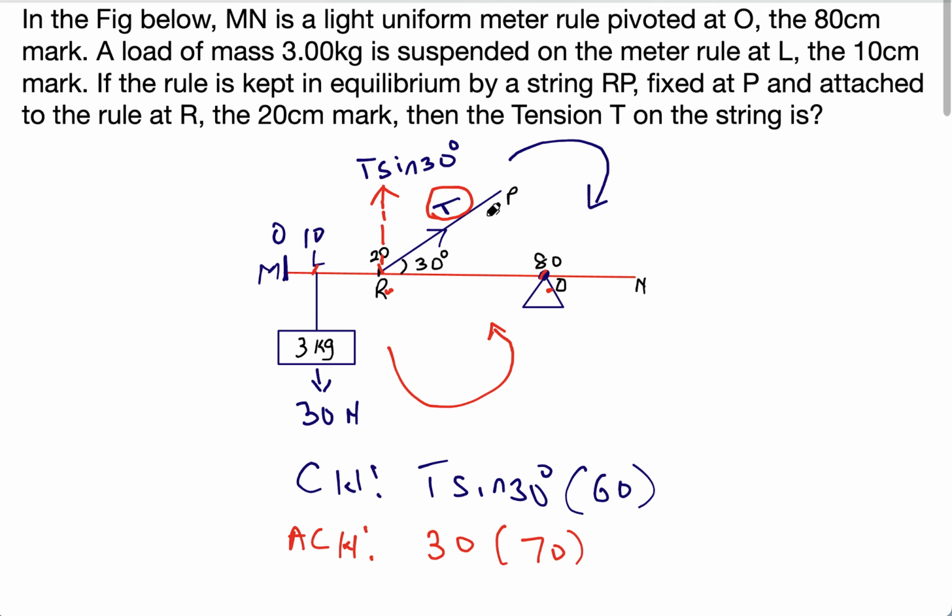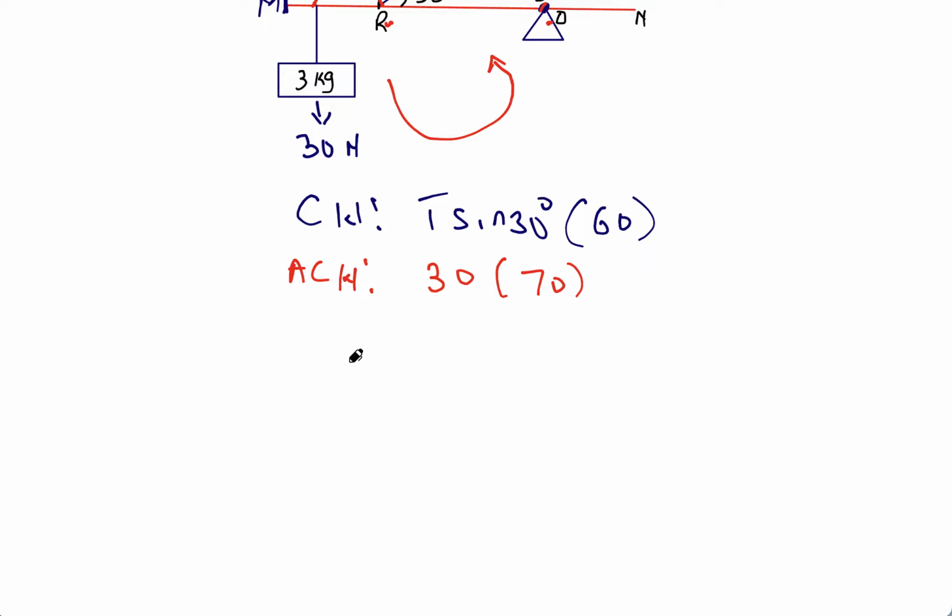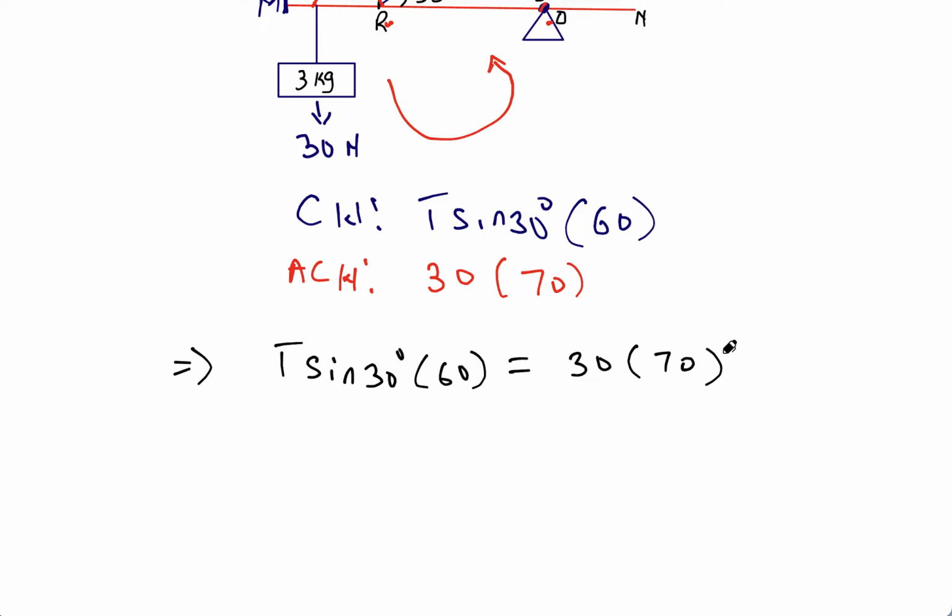Now that we are done with the two forces acting in this system, we can use the principle that the sum of clockwise moments equals the sum of anti-clockwise moments. The implication of this is that we would have T sine 30 degrees multiplied by 60 equals 30 multiplied by 70. So this implies T multiplied by 60 sine 30 degrees.